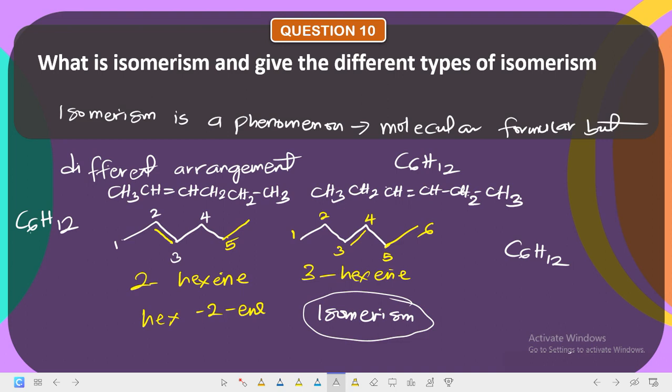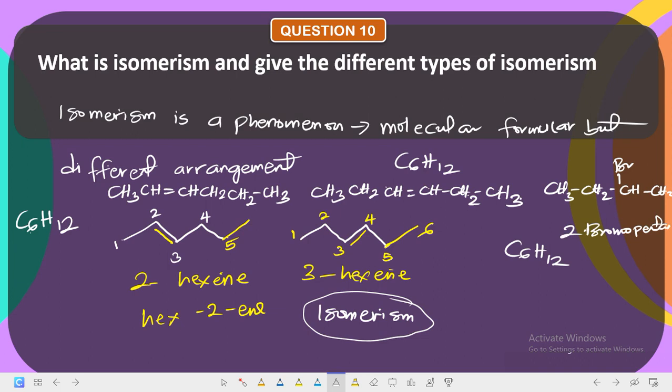Are we getting that? Now, isomerism is not restricted only to double bonds. We can have, let's say, CH3, CH2, CH, here is Br, here is CH3. These are 1, 2, and this is 2-bromopentane.